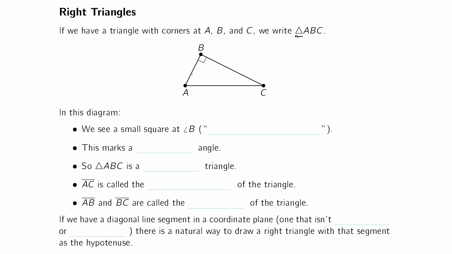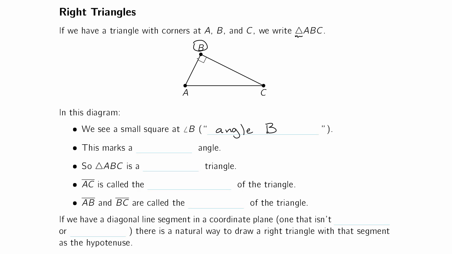In this diagram, we see at this corner, which we'll call angle B, naming it with this angle symbol, followed by the label on the vertex or corner.